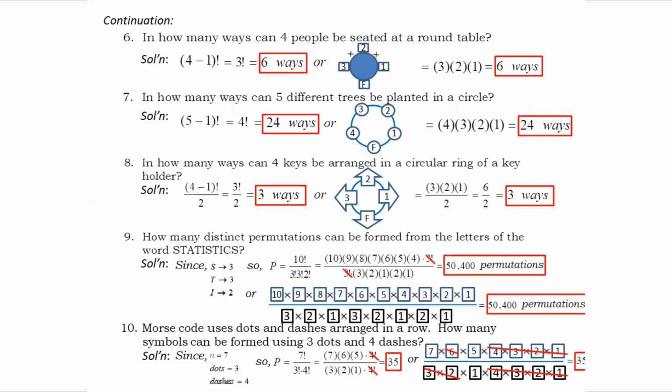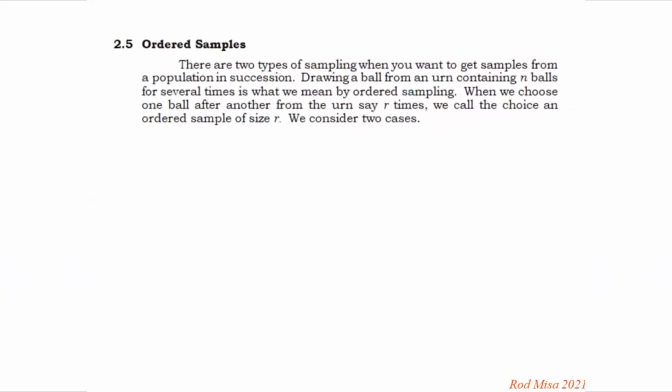So at this point, let us discuss ordered samples. So what are ordered samples? Actually, there are 2 types of sampling when you want to get samples from a population in succession. Drawing a ball from an urn containing n balls for several times is what we mean by ordered sampling.